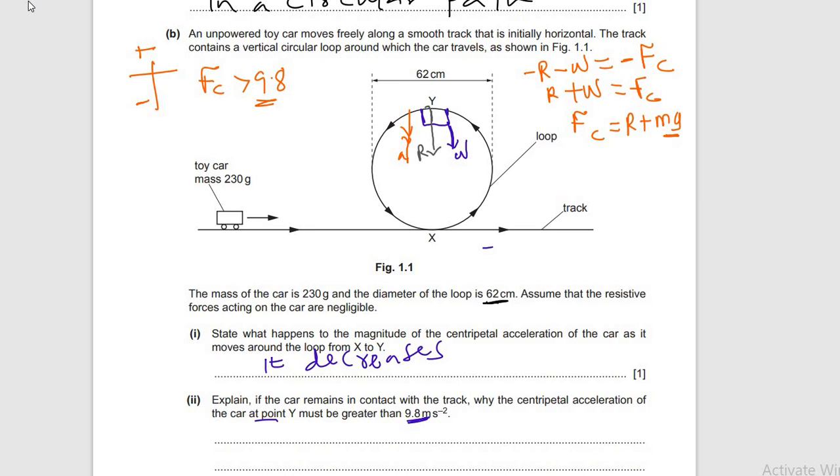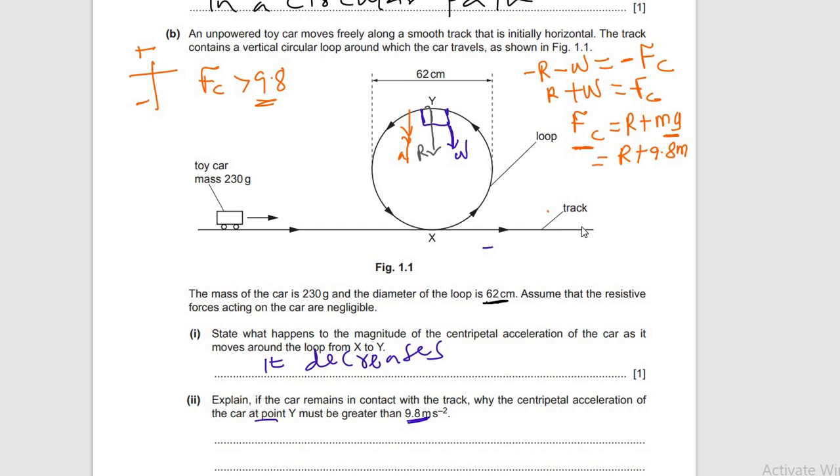So to get the centripetal acceleration, you need the normal reaction plus 9.8 times mass.